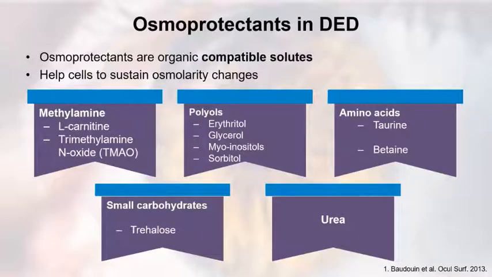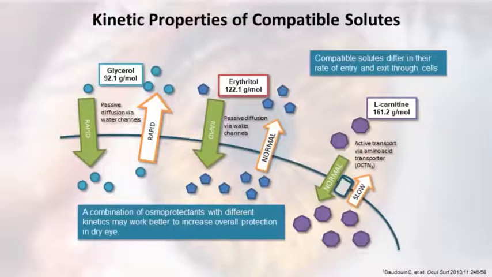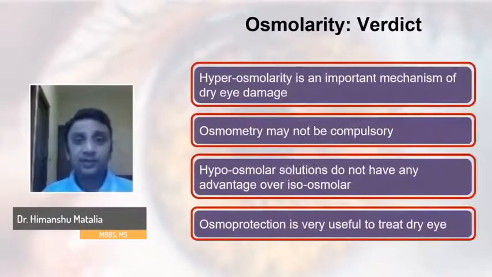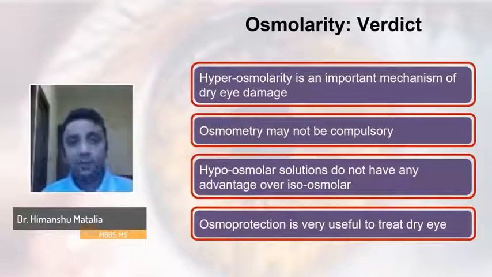Hence, even if the osmolarity is high, it can reduce the surface damage. So any lubricant which you use, we wish that it should have osmoprotecting agents. We know about these osmoprotecting agents. So ultimately for osmolarity, we cannot deal with changing the osmolarity, but we can possibly deal with protecting our surface from osmolarity.